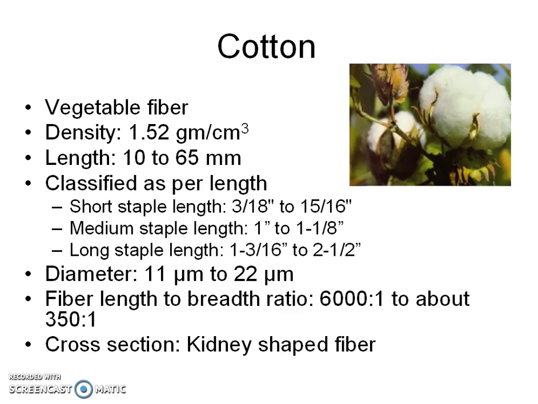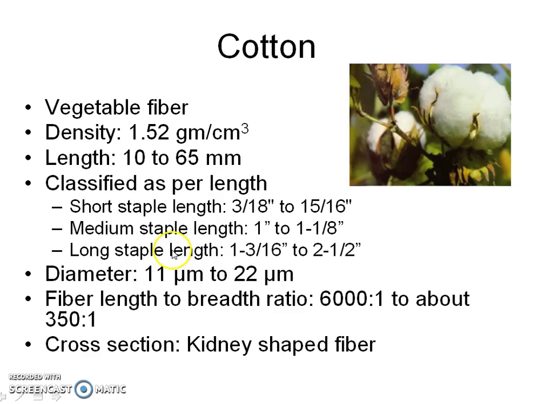Based on the length of the fiber, the cotton can be classified as short staple length cotton, which ranges from 3/16th inch to 15/16th inch. Medium staple length, which ranges from 1 inch to 1 1/8 inch. Long staple length cotton, which ranges from 1 3/16th inch to 2 1/2 inches.